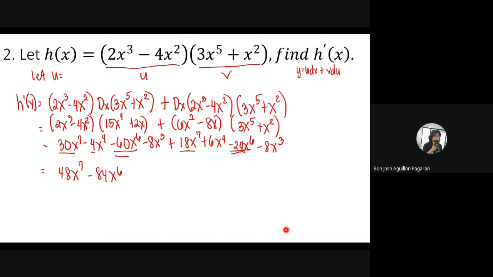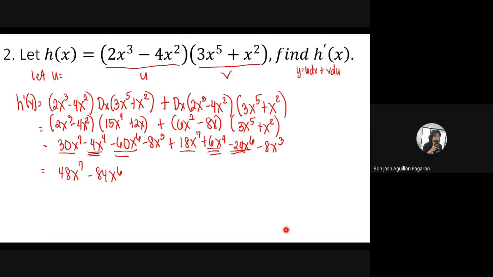Negative ba to? Or positive? Tama, ano negative? Ano sunod? Wala ako. Ito na. At saka ito. Bakit ang sagot ko dito positive?